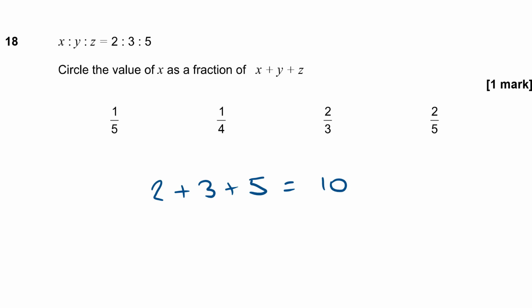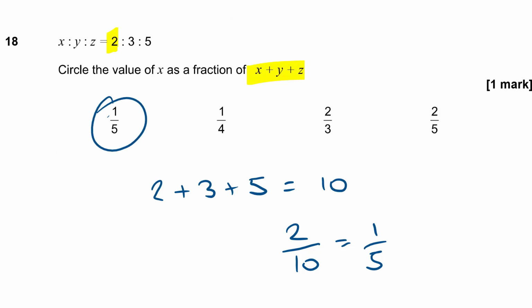So there are 10 shares, aren't there, between x, y, and z. So then what fraction is x out of x plus y plus z? It's just going to be the 2 parts out of 10 parts, or 2/10. Okay, do I have a 2/10 in the list? I don't, but luckily 2/10 is the same thing as 1/5. So my answer is that one.